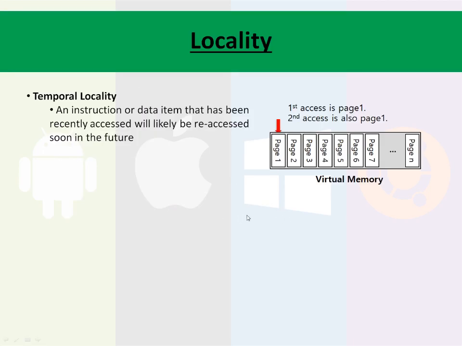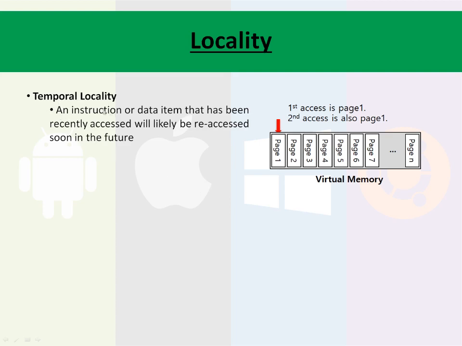So just a little bit on locality. Temporal locality means that an instruction or data item that has been accessed recently will be re-accessed soon in the future. So this is over time. We should access the same pages again and again.